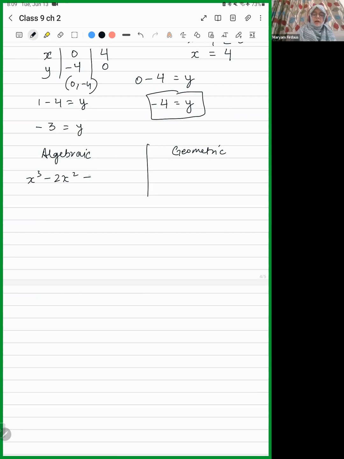I'm just writing it here as a random thing. You don't have to sit and solve it. For what value of x, what should my x be so that this entire thing turns out to be 0? So p of a equals 0. This a becomes the 0 of the polynomial.